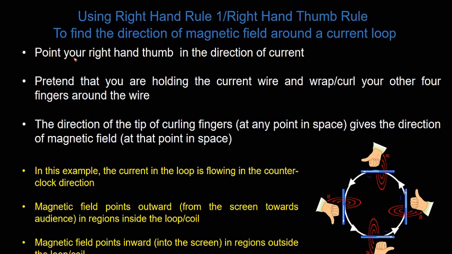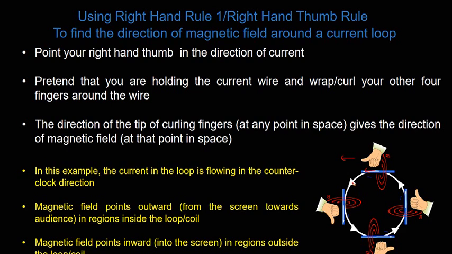Again, following the three bulleted points, pretend as if you're holding this wire such that the thumb is pointing in the direction of current. This is the direction of the thumb, and that's the direction of current.